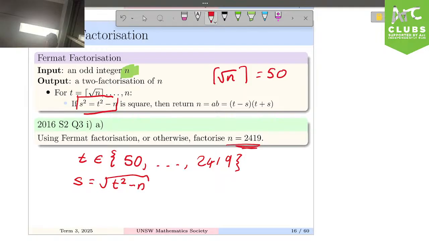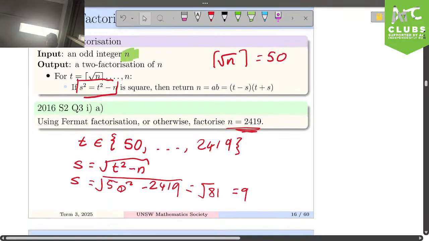If this s is an integer, hooray, we're done. We can factorize. So let's look at this. Is 50 squared minus 2,419 an integer? Well, it's equal to 81, whose square root is 9. So s is an integer. Hooray!